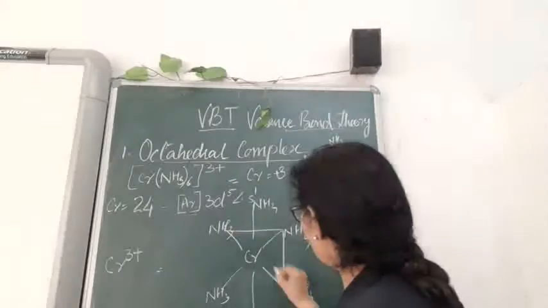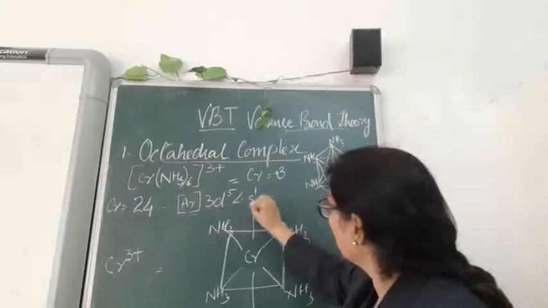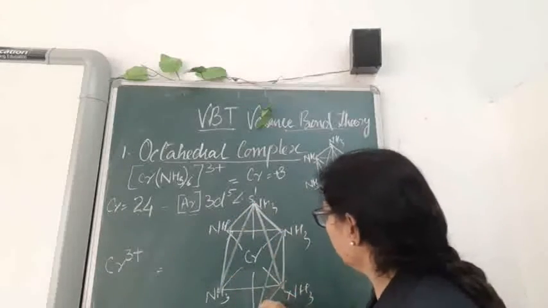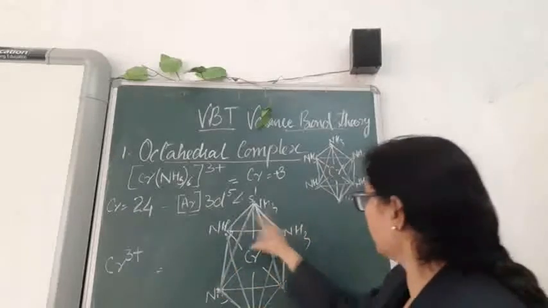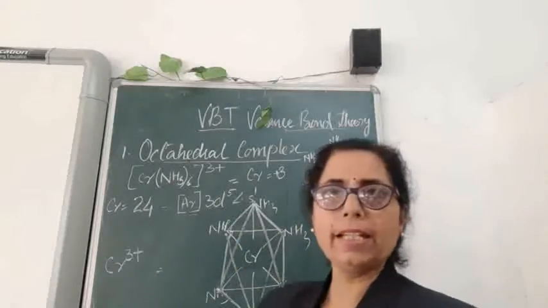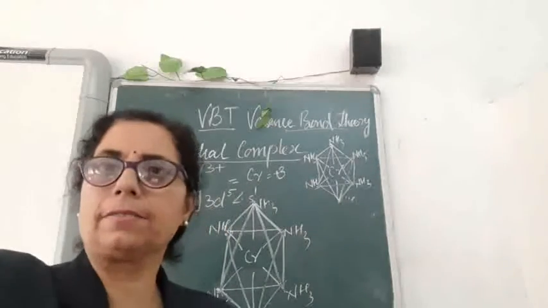You can combine these 4 like this and then arrange it this way, and you will find that 8 faces can be seen. Now you can see 8 faces are obtained. This is the same geometry which you get when we talk about octahedral complexes.